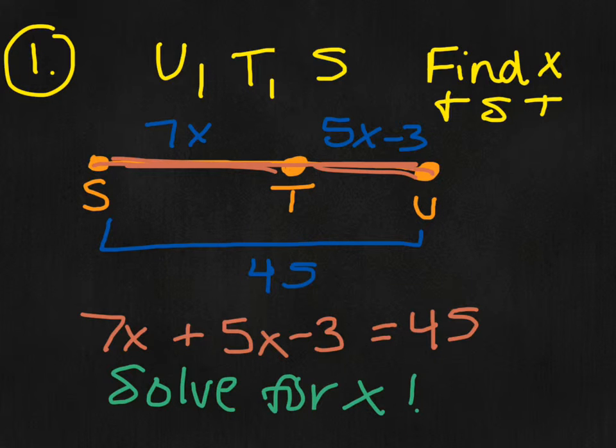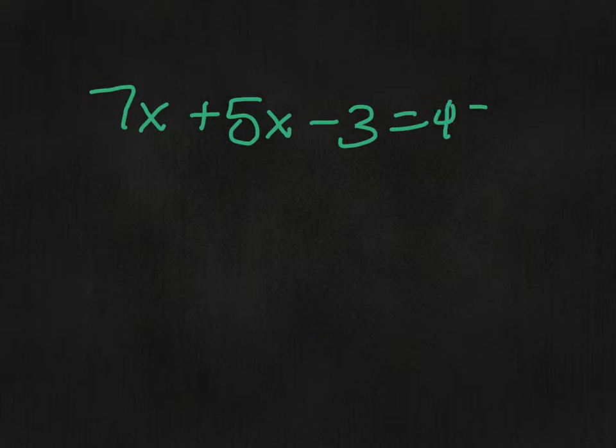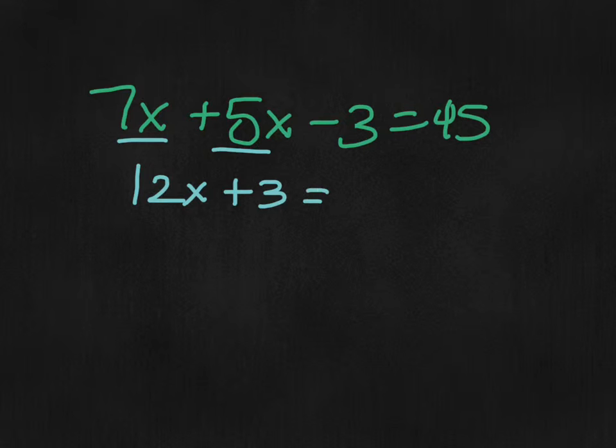Okay, I'm going to make a new page to solve for x because I'm running out of room. So to solve for x, we had 7x plus 5x minus 3 equals 45. So to solve, combine your like terms. We get 12x minus 3 is equal to 45.